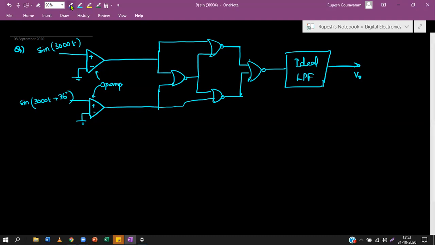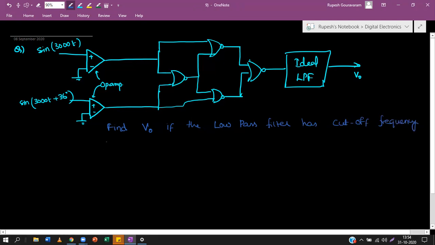and the question asked is like this: find V naught. V naught is this one. Find V naught if the low pass filter has cutoff frequency of 0.1 hertz.